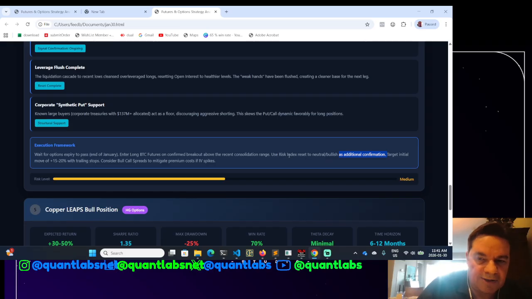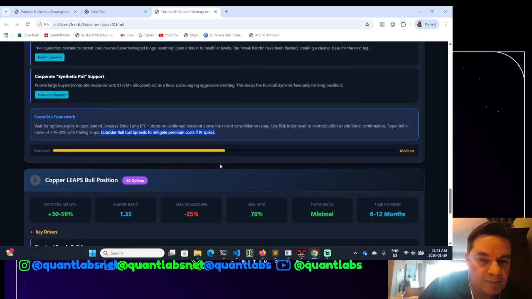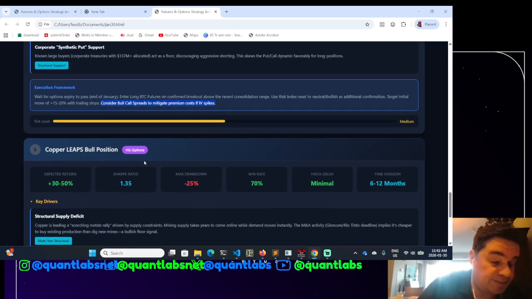When you're neutralizing, what you're doing is minimizing or maybe even eliminating your downside risk with this combined trade. And then here we've got target initial move of up 15 to 20% with trailing stops, of course. Consider bull call spreads to mitigate premium costs if the IV spikes.